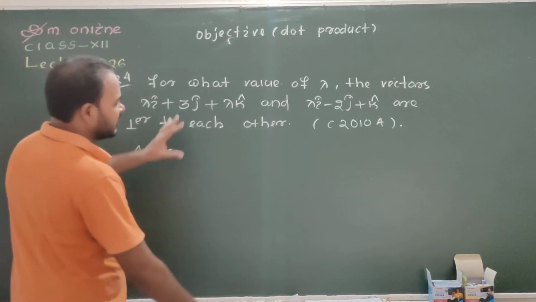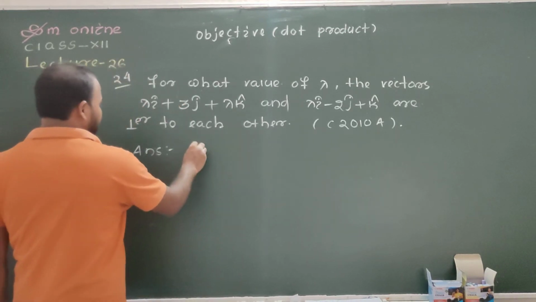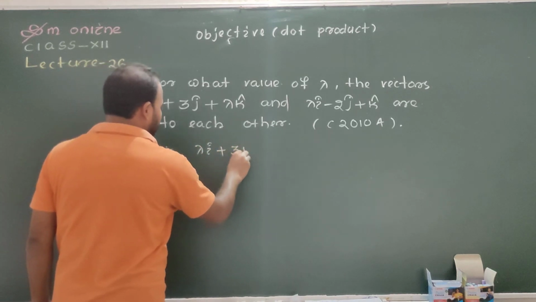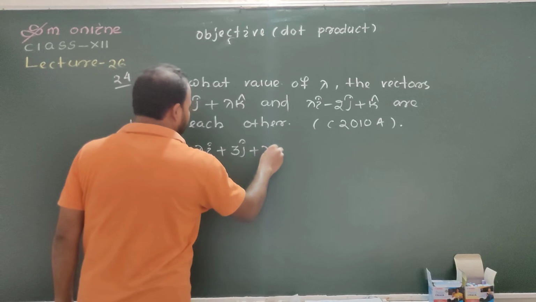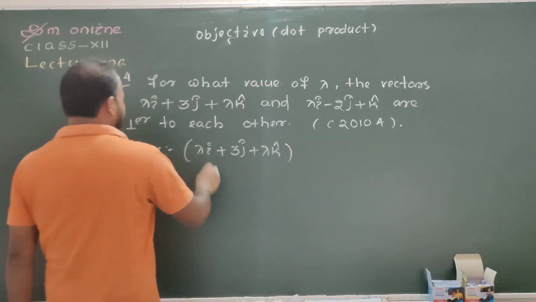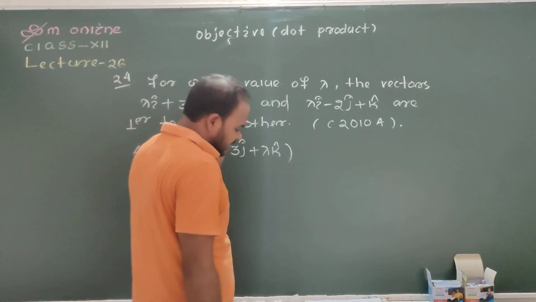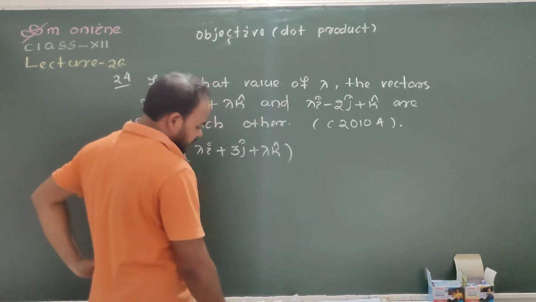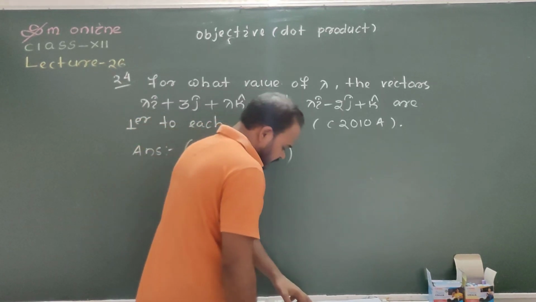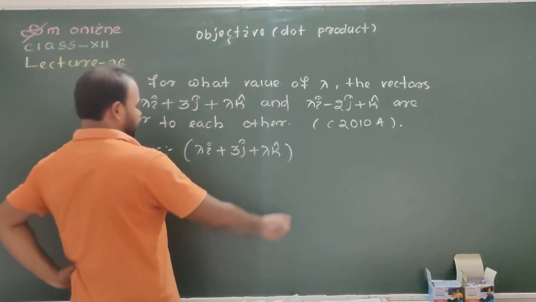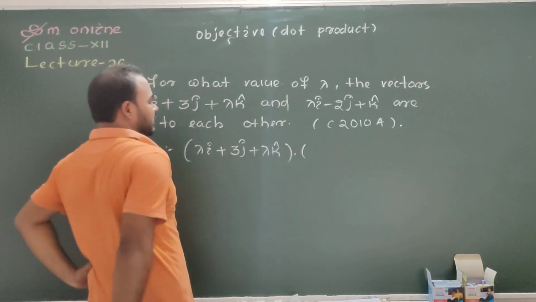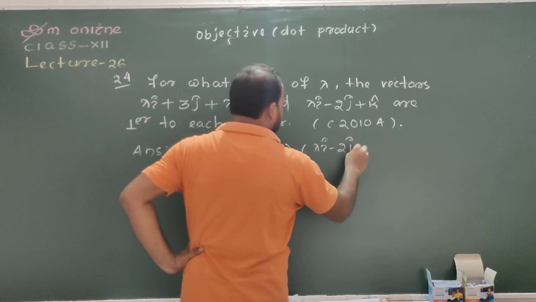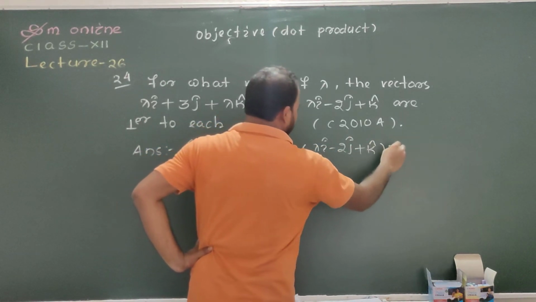The two vectors are perpendicular if their dot product is 0. That is, lambda i cap plus 3j cap plus lambda k cap, dot lambda i cap minus 2j cap plus k cap, equal to 0.